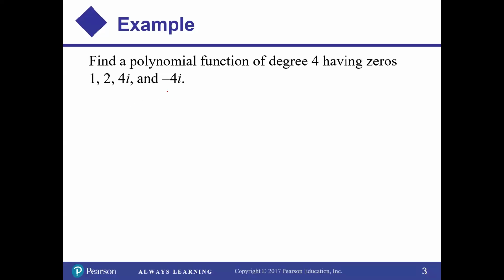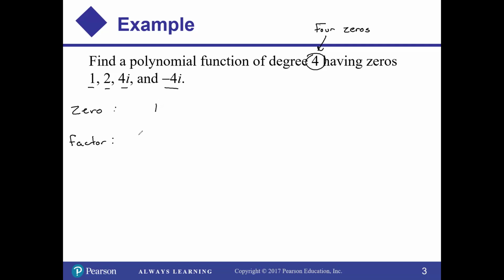For an example, we have a polynomial function of degree 4. When I say it's degree 4, it's telling me that I should have 4 zeros. We have, in fact, 4 zeros right here: 1, 2, 4i, and -4i. We want to find a polynomial function. So we're going to take those zeros and find the factor for each.